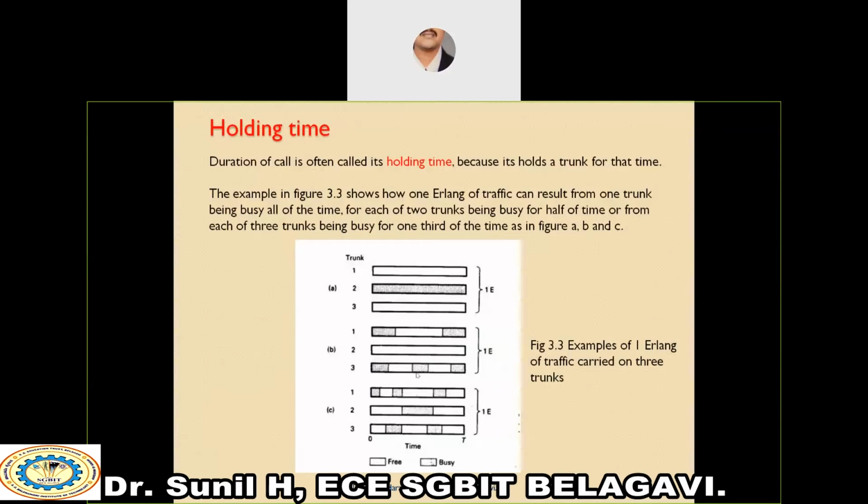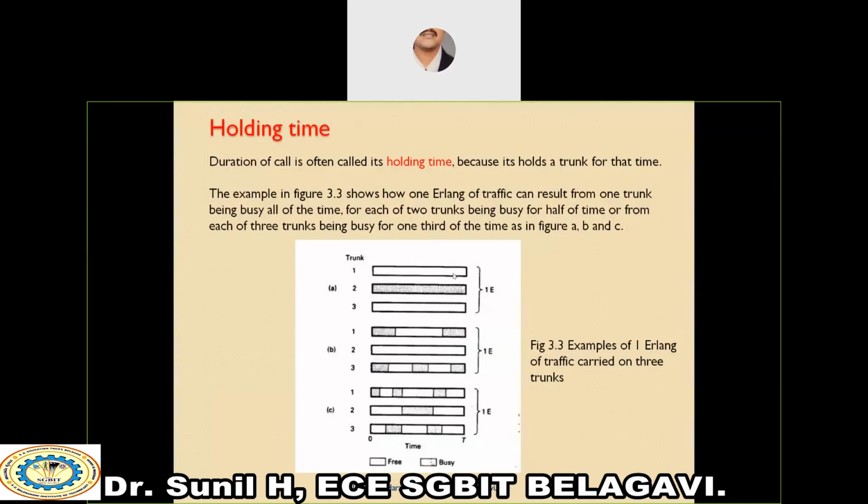In North America, traffic is expressed in terms of hundreds of call seconds per hour, represented as CCS. The first C stands for Centum, which is nothing but 100. So they use CCS. If I consider 1 hour, that is equivalent to 3600 seconds.